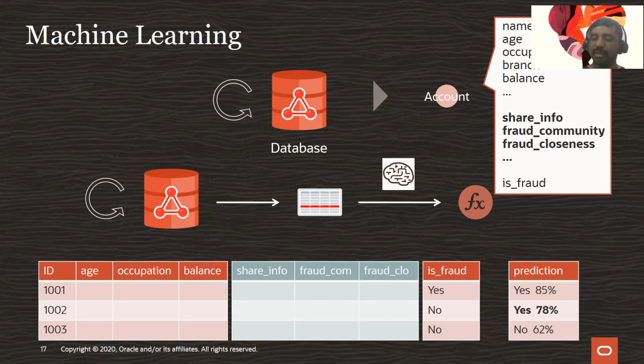So we can also club in machine learning with an Oracle database related graph system, and ultimately be able to predict whether transactions are going to be fraudulent in nature or not.